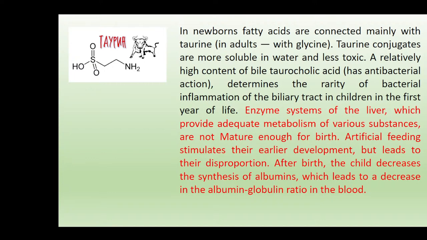The enzyme systems of the liver, which provide adequate metabolism of various substances, are not mature enough at birth. Artificial feeding stimulates their early development, but leads to their disproportion.